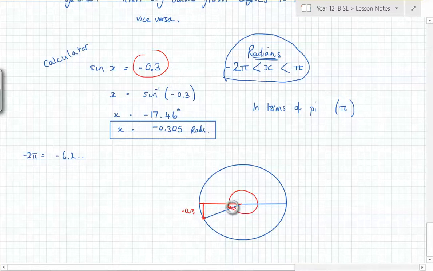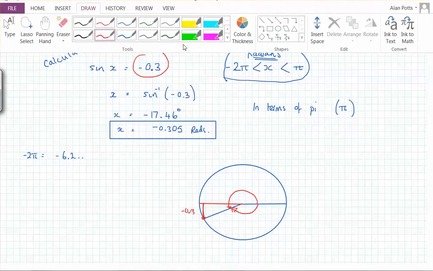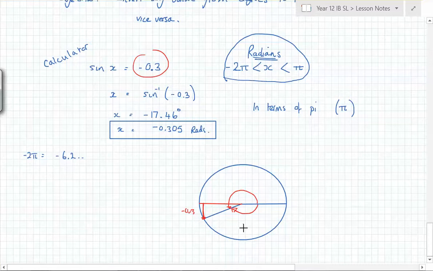Okay, what angle is that? In radians, it's pi minus the negative. Why is it pi minus this? Because which one does the calculator work out? The first one.